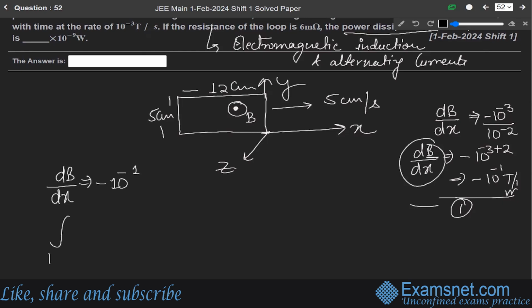So integrating from B naught to B, dB equals, from 0 to X, minus 10 to the power minus 1 dx.